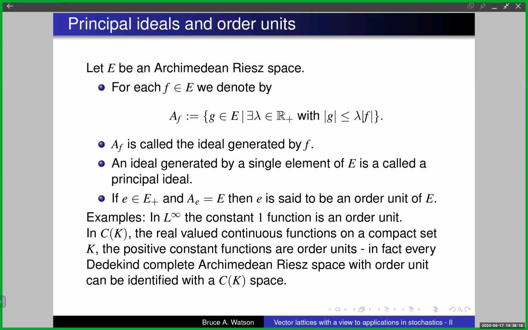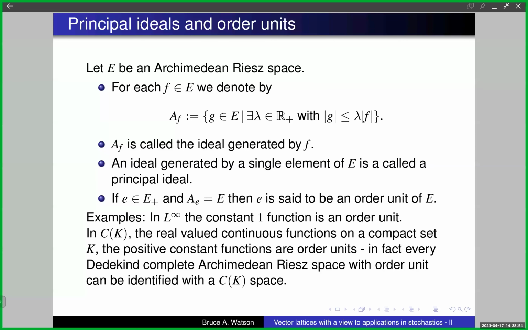So if we have an Archimedean Riesz space E and we take an element F of E, we denote by A_F the ideal generated by F. And how do we build this? We work with the idea of solidness. So we take all the elements from our original Riesz space whose absolute value is bounded by lambda times the absolute value of our generator.